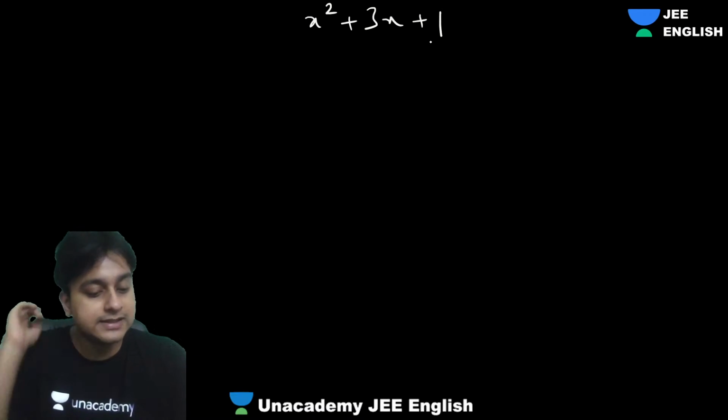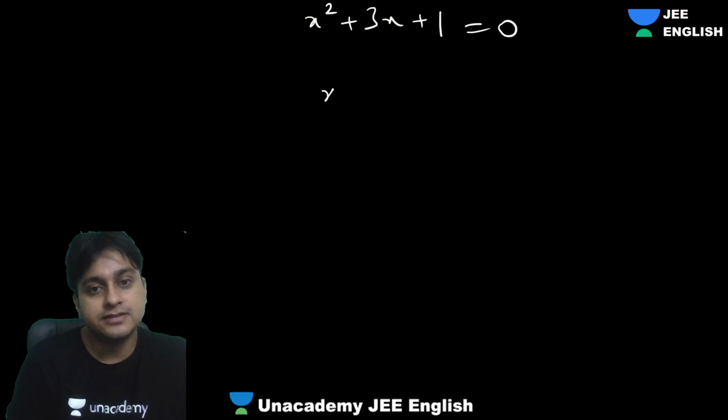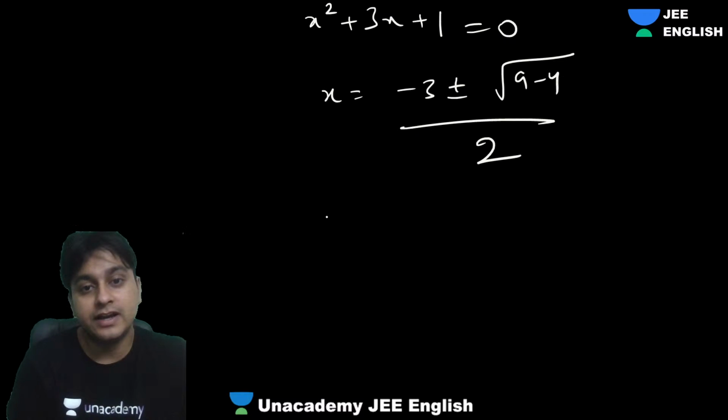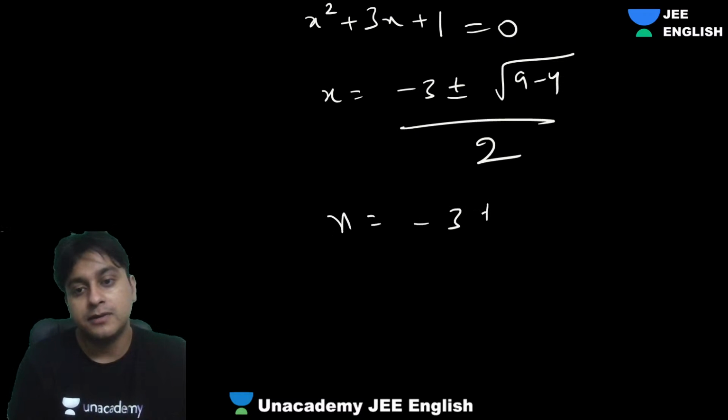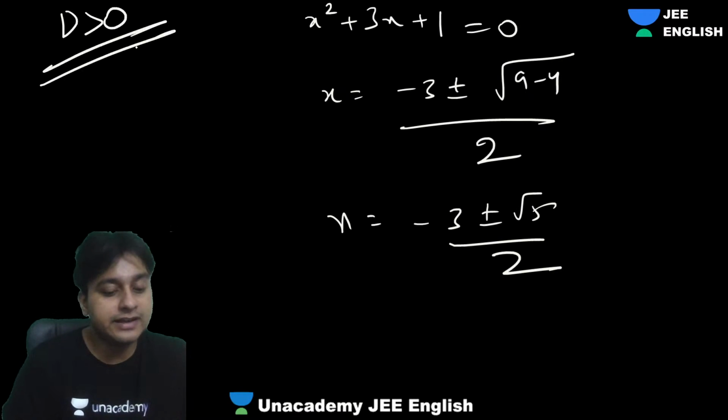Okay, so guys, let's suppose we have this equation. So what are we getting, guys? Here if you look at this, x will be equal to minus 3 plus minus under root b square minus 4ac, so 9 minus 4, by 2. So what are we getting, guys? x equals minus 3 plus minus root 5 by 2. Here the discriminant is greater than 0, so we'll definitely have real roots.